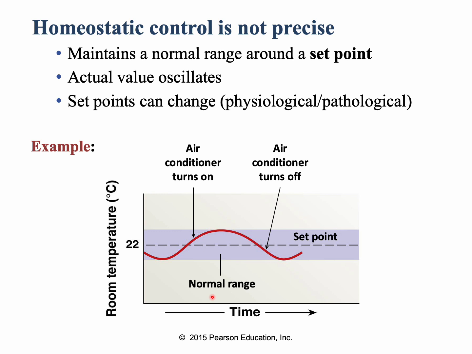Okay, and then that output information would lead to the response, which would actually be turning on that air conditioner. So once again, these control mechanisms include the input, integration, the output, and the response.